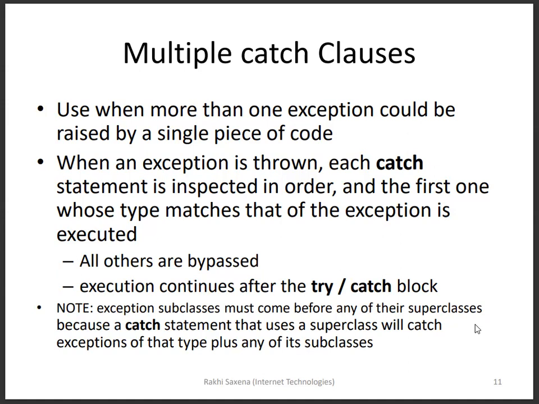For example, if we have created the object of the Exception class, exception e, and after that I have written arithmetic exception e, where e is nothing but the object, then since Exception is a superclass, that gets executed first.